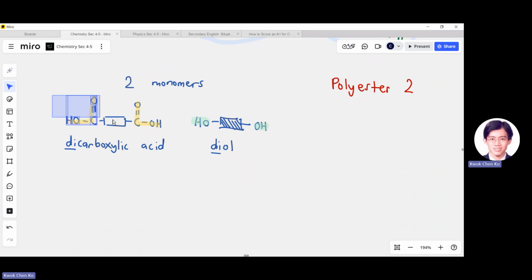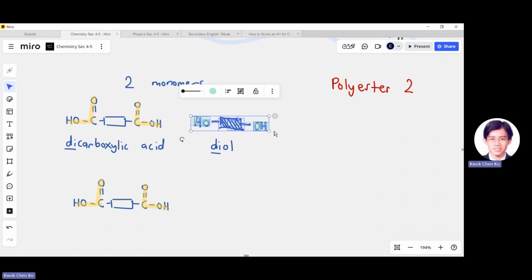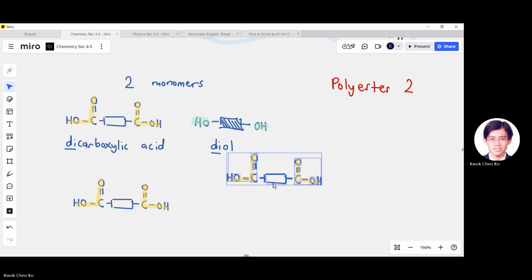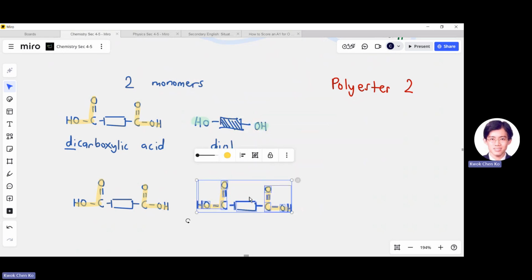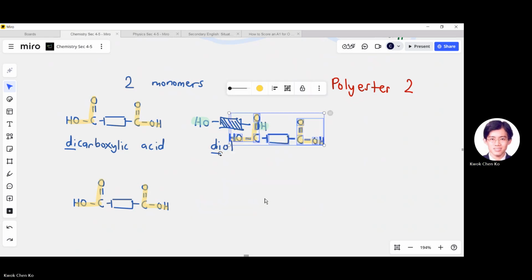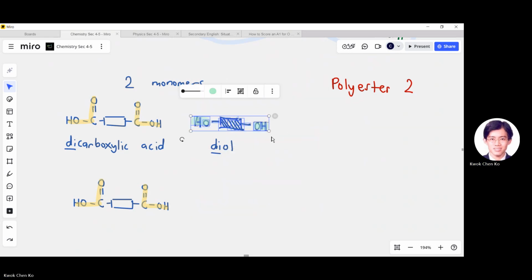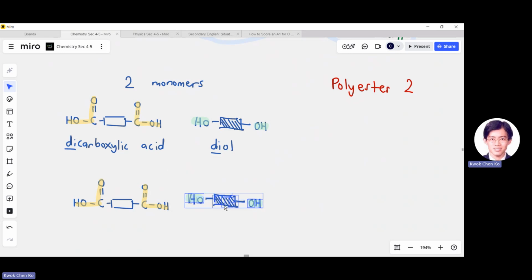Okay, so what happens next? You put this molecule here, you put that molecule there, next to each other. But you need more than two, of course.